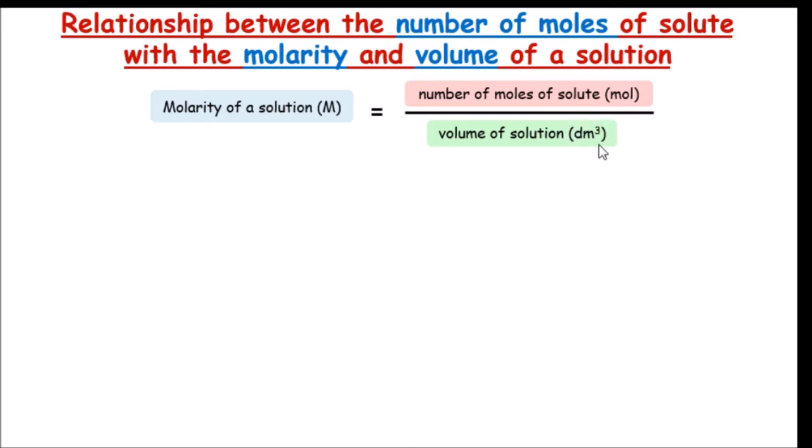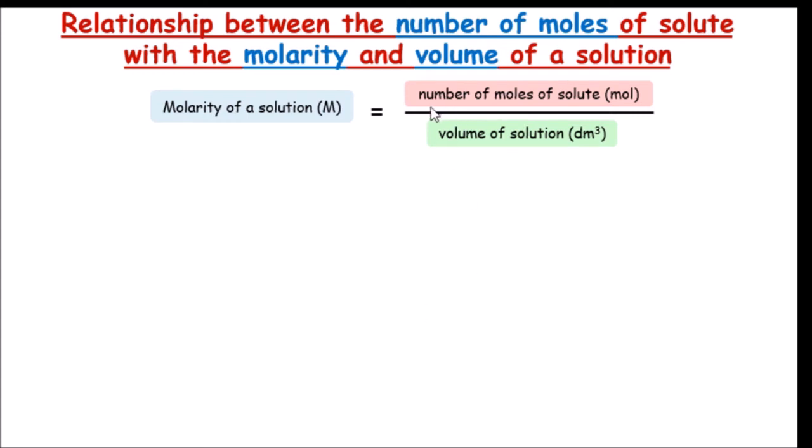Always remember this. So, if you are given the formula like this, do you know what is the formula of number of moles of solute? If you want to find the number of moles, what formula do you need to use? Okay, very good.